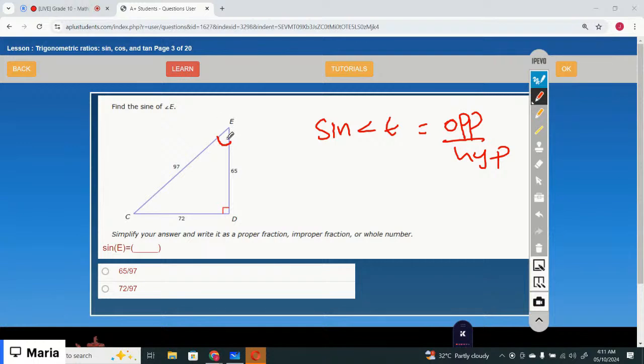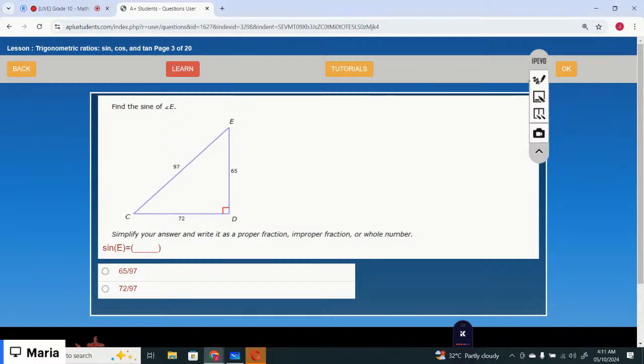Here is angle E, right? Opposite to angle E is CD. That is CD divided by CE, 72 over 97. Option number 2 is the correct option, that is 72 over 97.